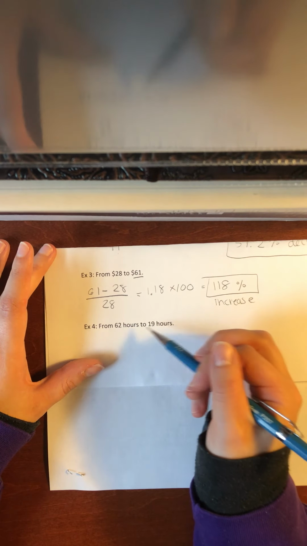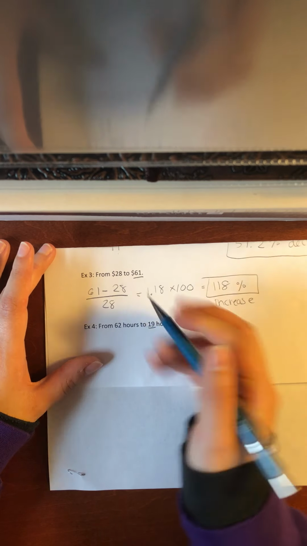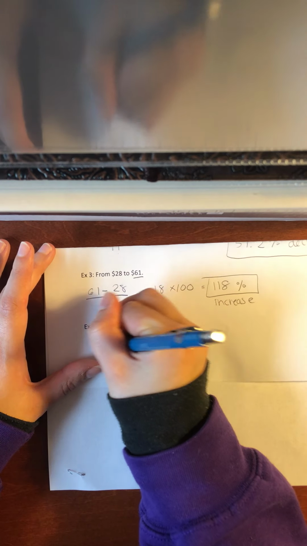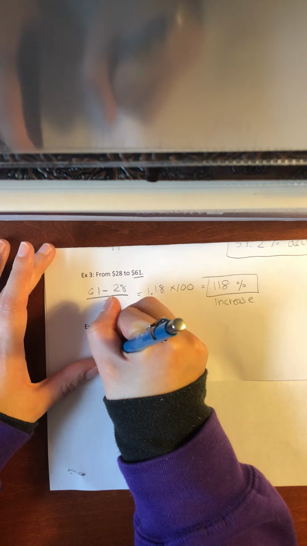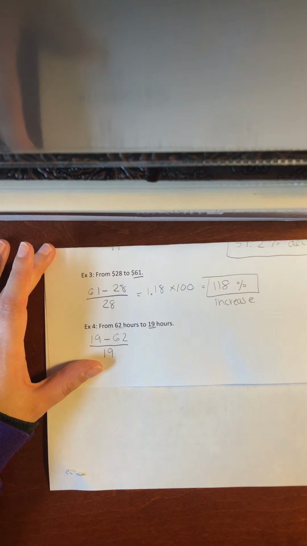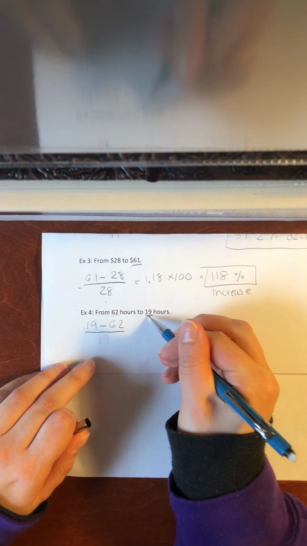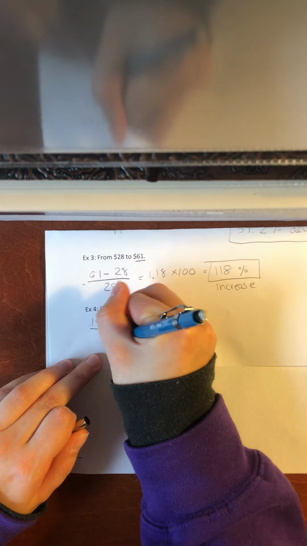Next one, from 62 hours to 19 hours. So our new value is 19 hours minus the original, which was 62, divided by the old value. New value minus old value. Oops, sorry about that. New value is 19 minus the old value, which is 62, divided by the old value.